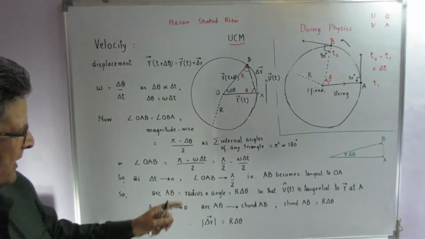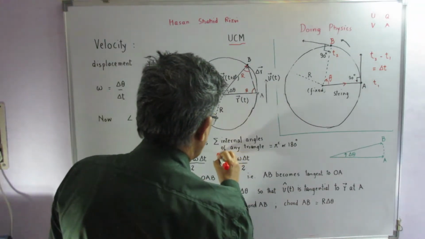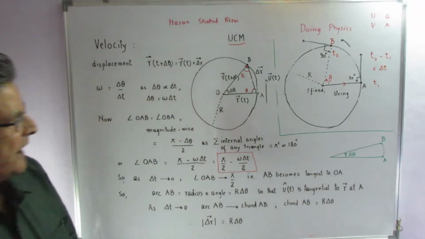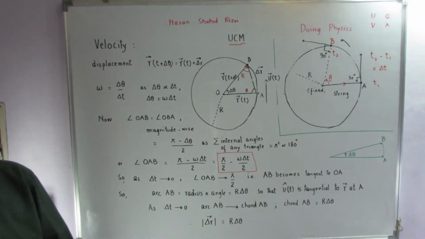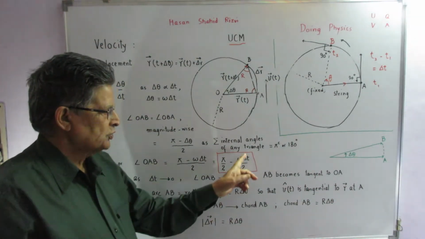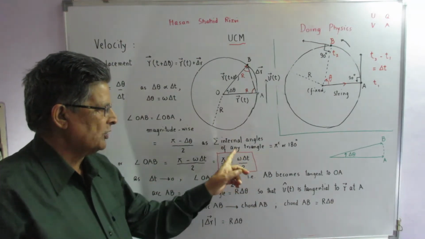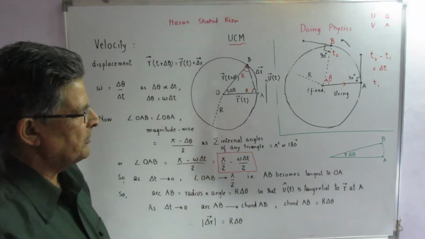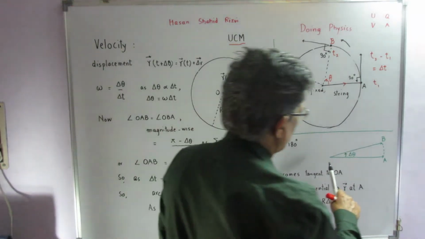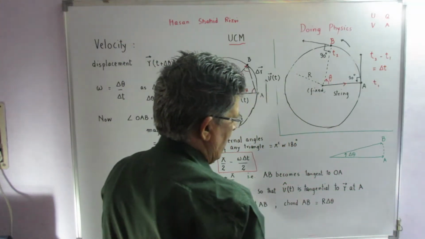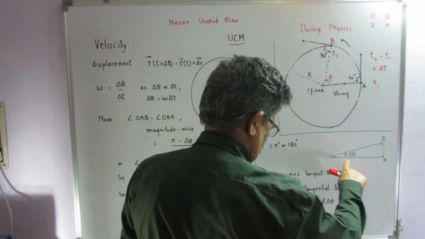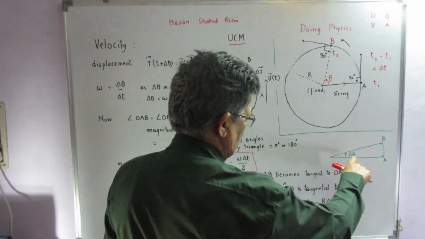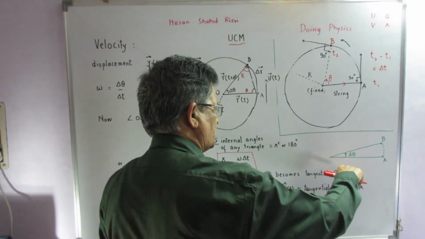Now look here, if we consider this result, what happens when delta t tends to 0? As delta t tends to 0, this value turns out to be approximately equal to 0, and therefore this angle turns out to be approximately pi by 2. This is what I have tried to explain to you here, that as delta t tends to 0, delta theta tends to 0.